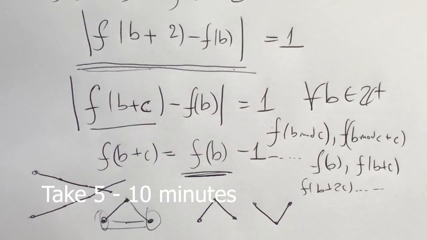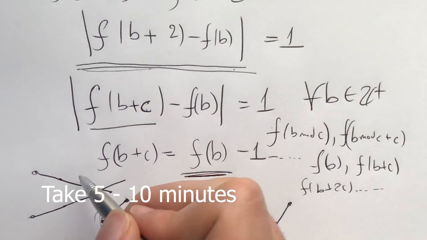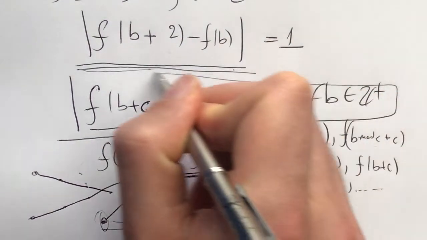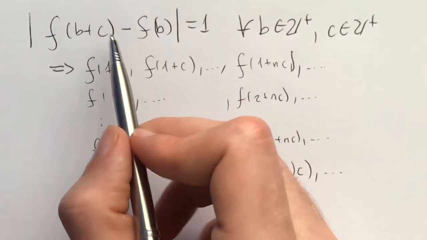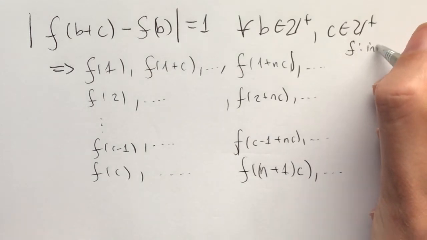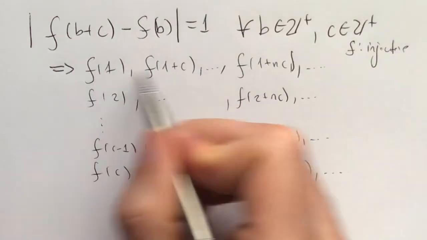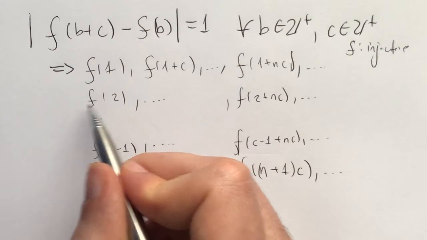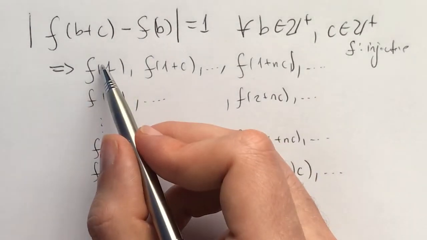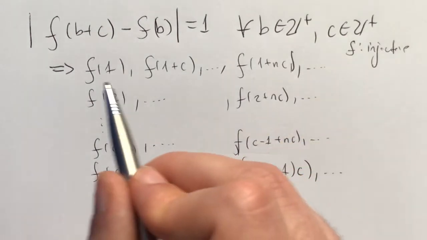Take 5 to 10 minutes to figure out what this means for this condition right here. Here's what it means. Our claim is that if this holds true and f is injective, then all these sequences, this sequence, this sequence, this sequence, and this sequence, are all strictly increasing.